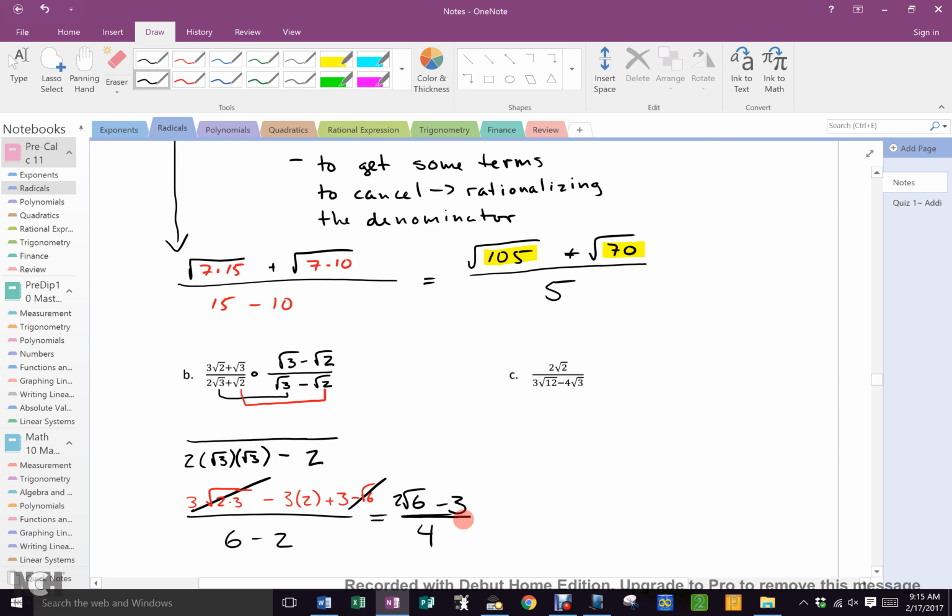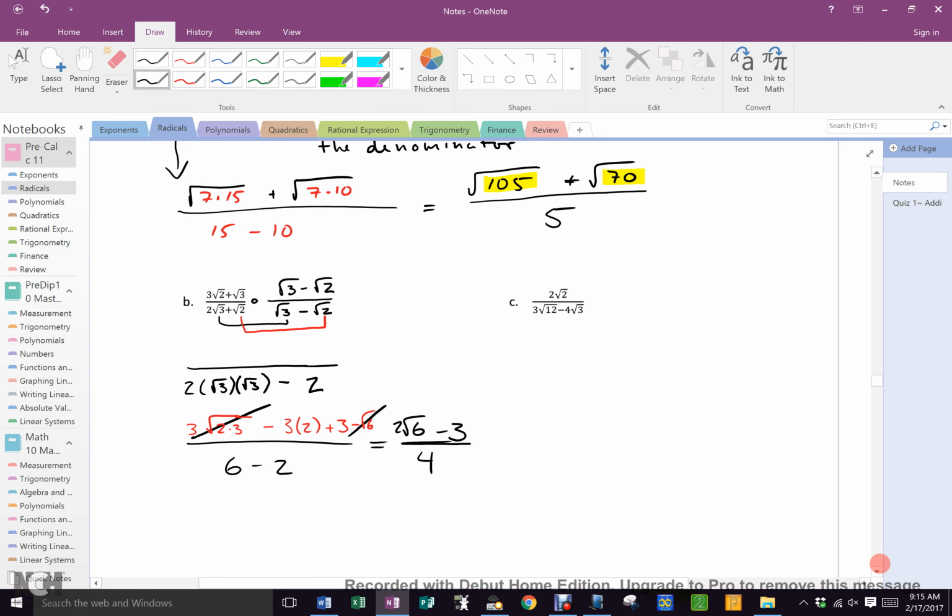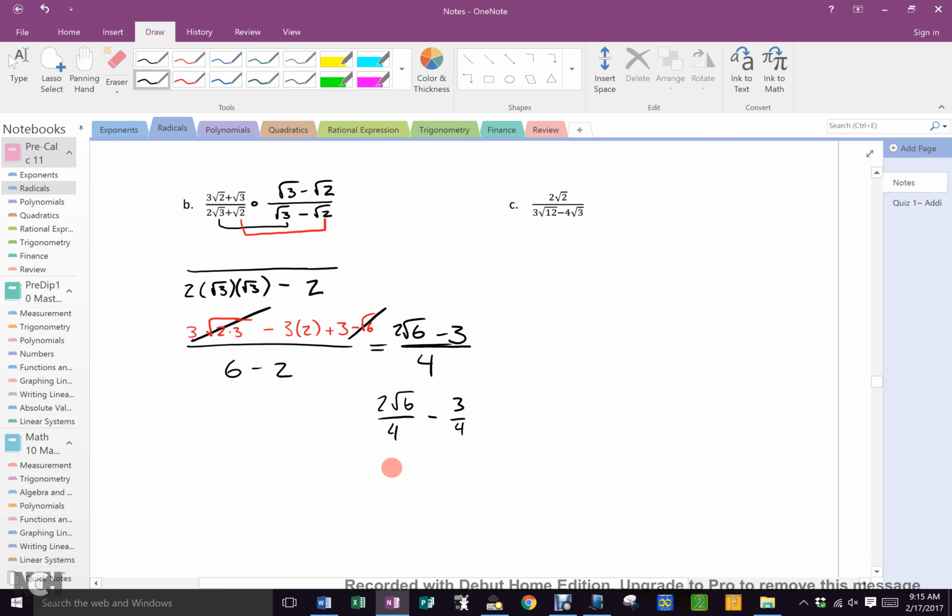Okay? I want you to leave it here. Even though some of you would say, you could make this argument. 2 root 6 over 4 minus 3 over 4. And you could simplify this to root 6 over 2 minus 3/4. I don't want you to do that.